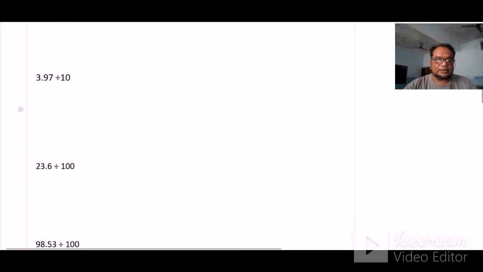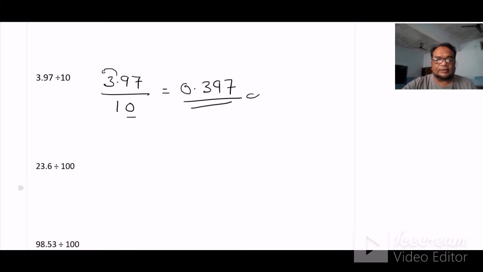Hope you understand. Similarly, here is also 3.97 divided by 10. So this decimal is shifted 1 digit left because here is 10. So it is shifted 1 digit to the left hand side of the digit. So the answer becomes 0.397.